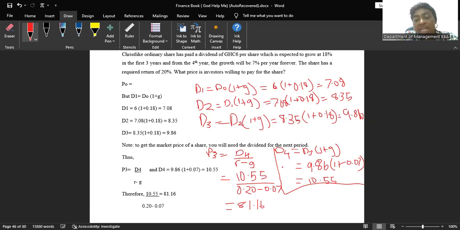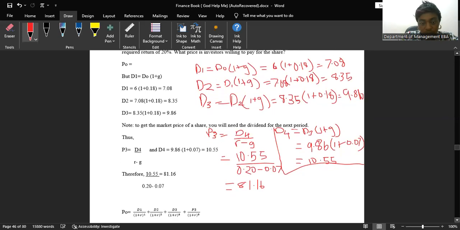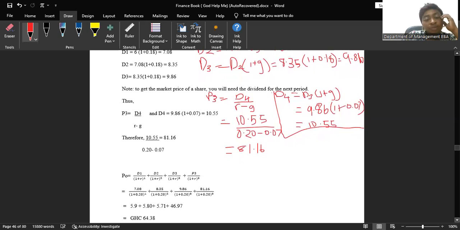So the next step is we discount this, and we have the value. The formula is saying we should discount all the dividends we've calculated.